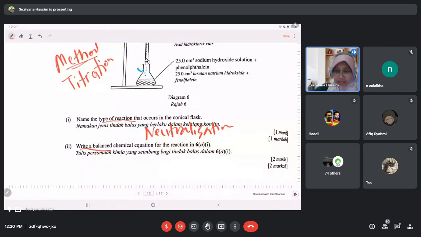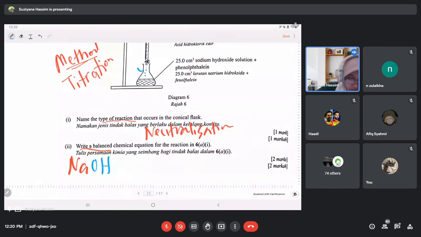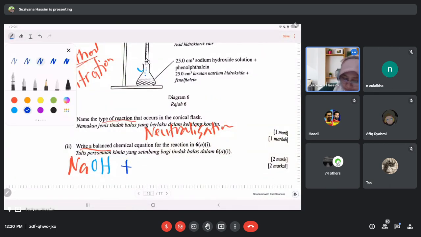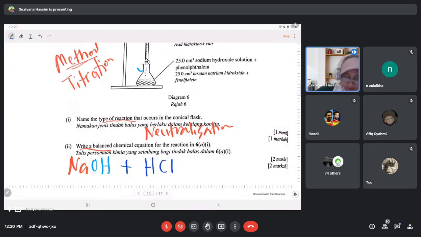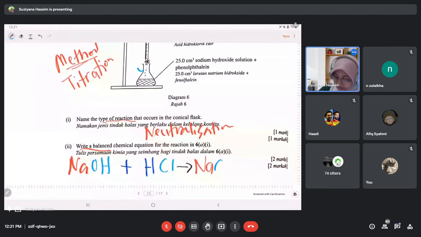NaOH plus HCl gives NaCl plus H2O. So this is the process.